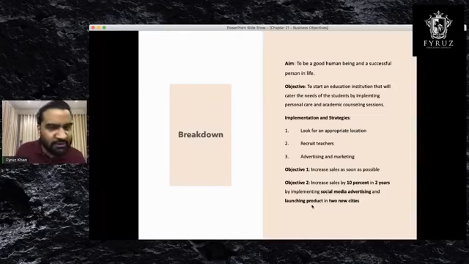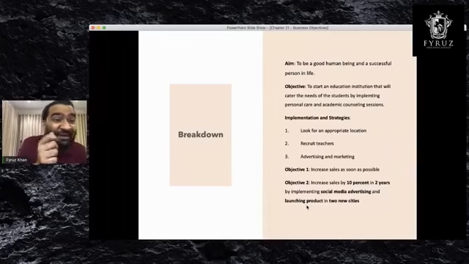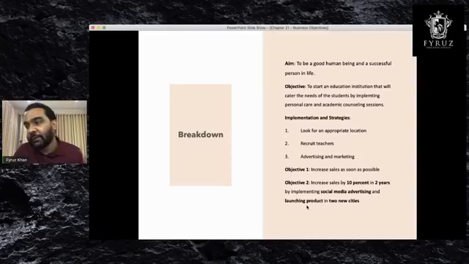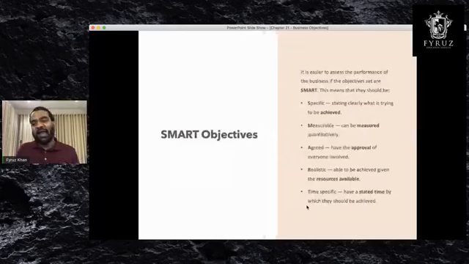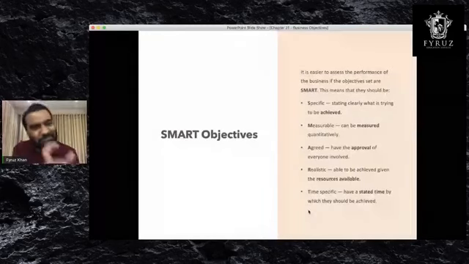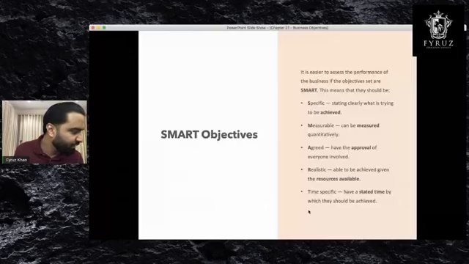You're launching a new product. Do you have enough people working for you? Go and check the HR department. Do you have enough money to make the products? Do you have enough money to launch, let's say, a new advertising campaign? Think about it. And of course, we've talked about it. It needs to be time specific. You need to mention a certain time.